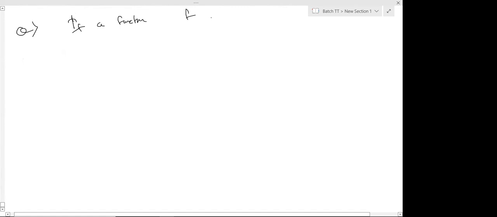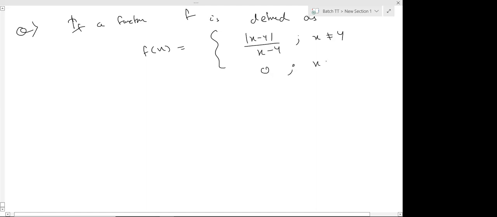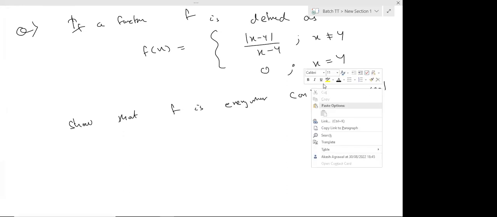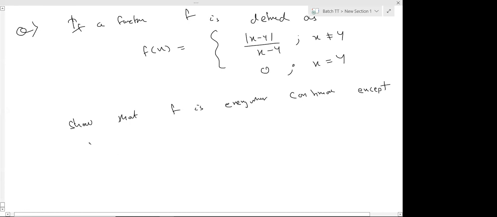If a function f is defined as f of x equals modulus of x minus 4 upon x minus 4, given that x is not equal to 4, and 0 if x equals 4, show that f is everywhere continuous except x equals 4. Write down this question.